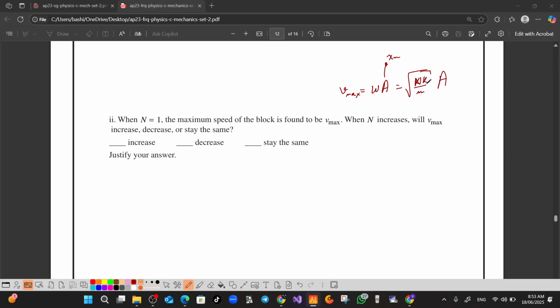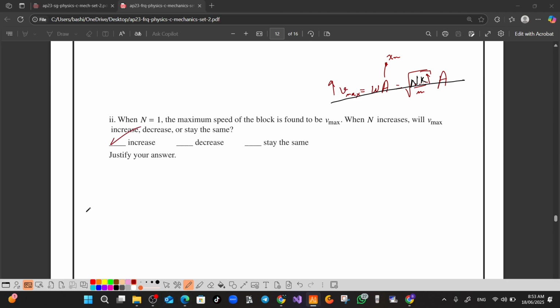So what happened to the k, the total k in this case? It will increase. And according to this relationship, there is proportionality between the Vmax and the k. If we increase the k, the Vmax will increase. Let me draw the line now. So k and n are above the line, which means they are directly proportional with V. So what will happen to the V?